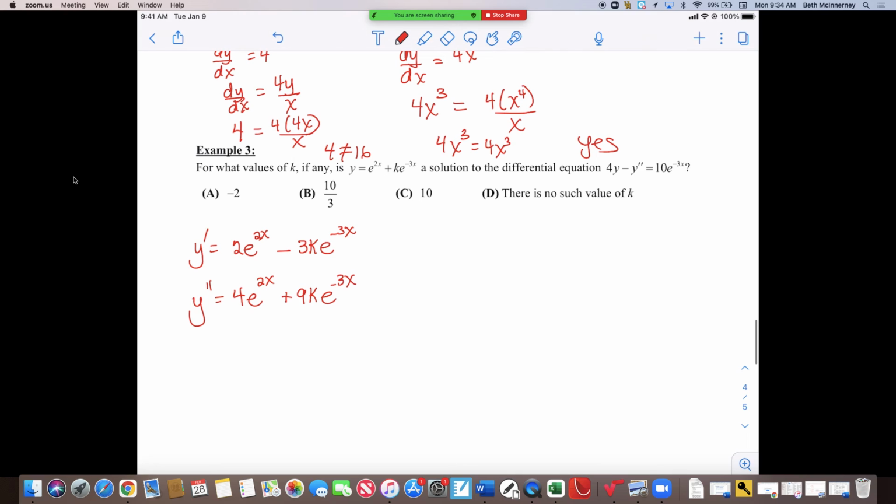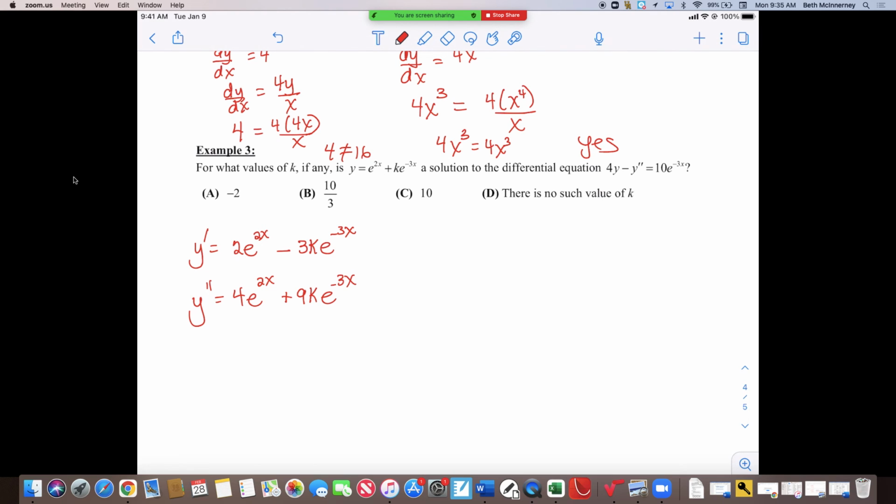In case you're having difficulty getting started, your first step would be to find the second derivative. So let's double check before you go any further. Did you get y double prime is 4e to the 2x plus 9k e to the negative 3x? Did we get the second derivative correctly? All right, awesome.